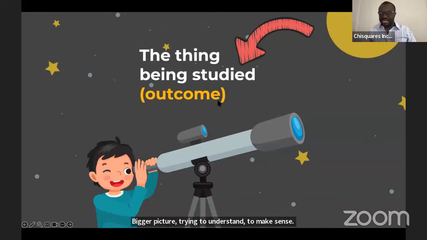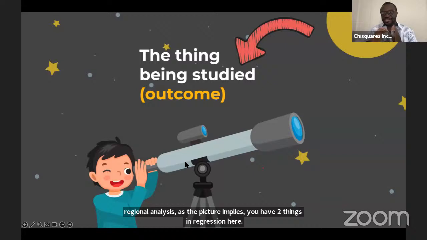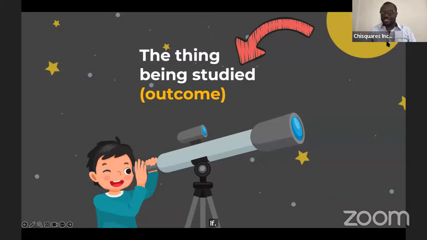So in regression analysis, as the picture implies, you have two things. If we were the folks here staring into the telescope, and this was the moon, then there are always two things in the regression analysis. The thing that we are studying, the thing being studied, in this case, the moon. In our study, that could be the outcome. It could be smoking, it could be tuberculosis, it could be anything.